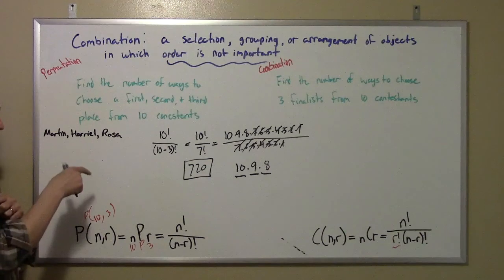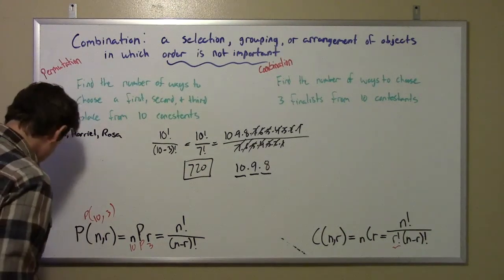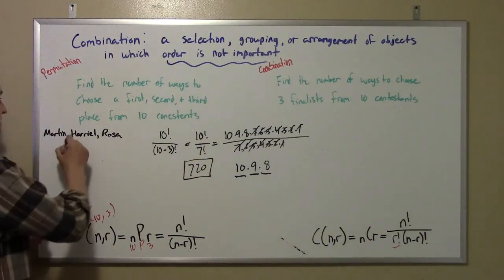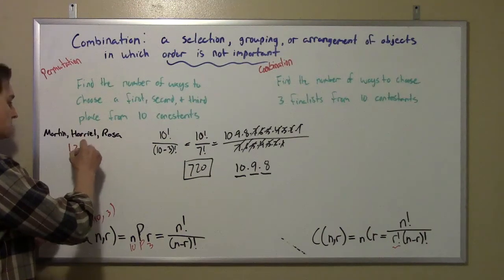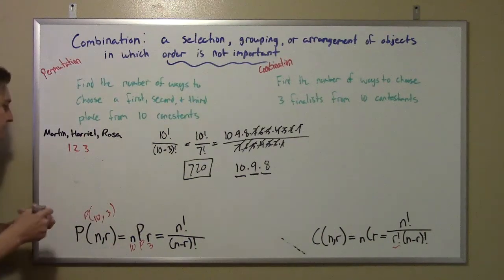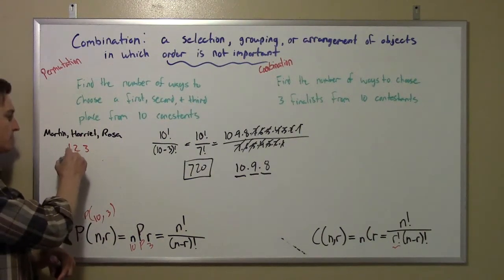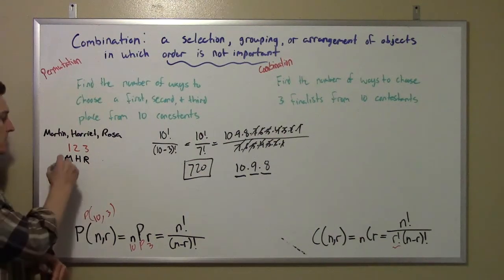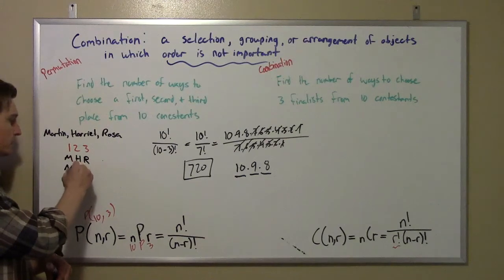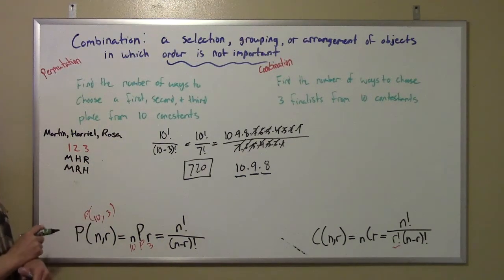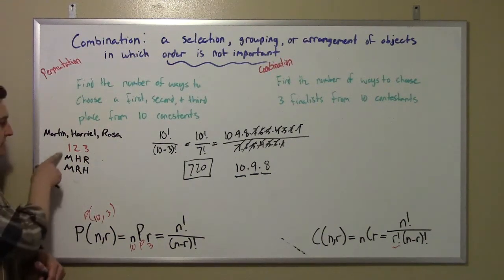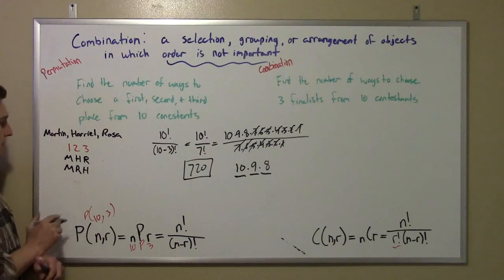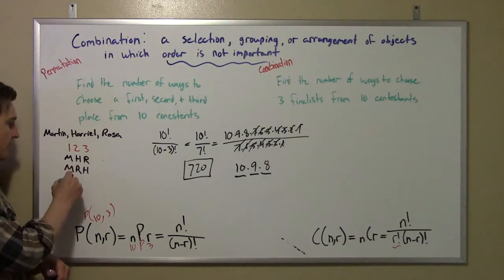So the first one will be first, second, and third. So we'll do it kind of like this. And I'm just going to use letters to make it easier. So we could have Martin in first, Harriet in second, and Rosa in third. Okay, we could have Martin in first, Rosa in second, and Harriet in third. Those are the different possibilities with Martin in first place. Okay, well let's look at the different possibilities where Harriet got first place.